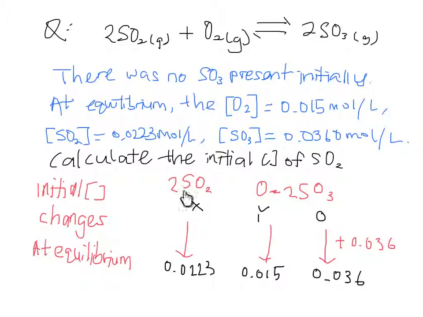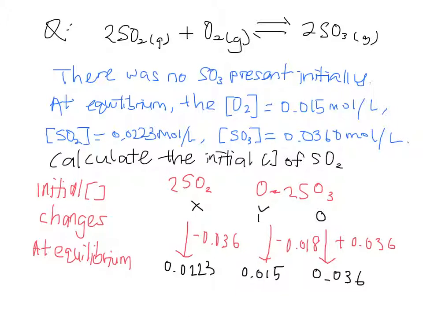Since sulfur dioxide also has 2 moles, we know that 0.036 of sulfur dioxide has been used up. Whereas for oxygen, there is only 1 mole, therefore it is half of sulfur dioxide, meaning 0.018 mole per liter of oxygen has been used.